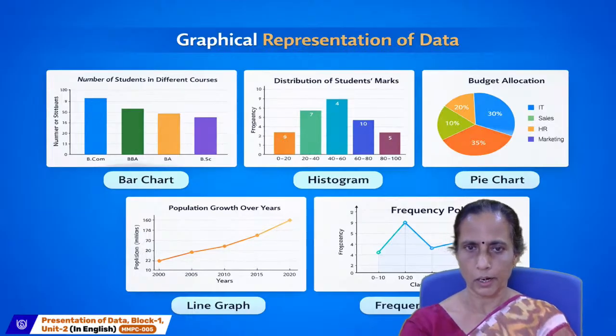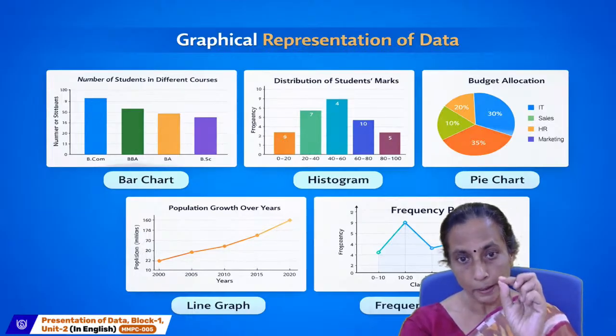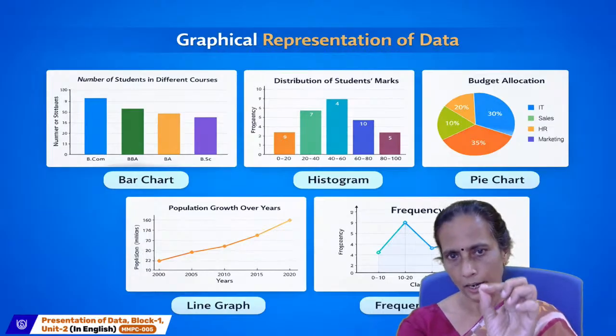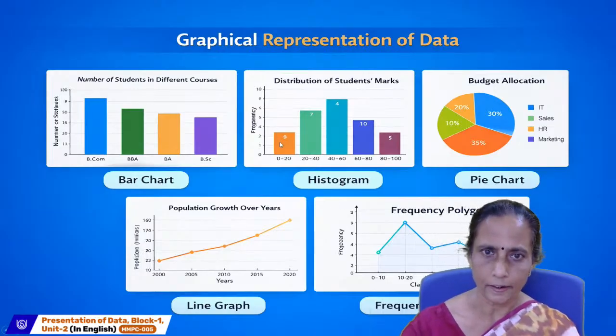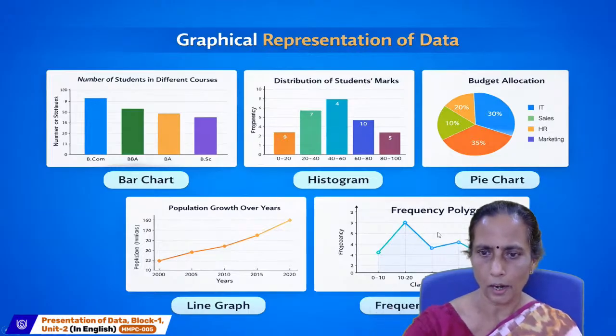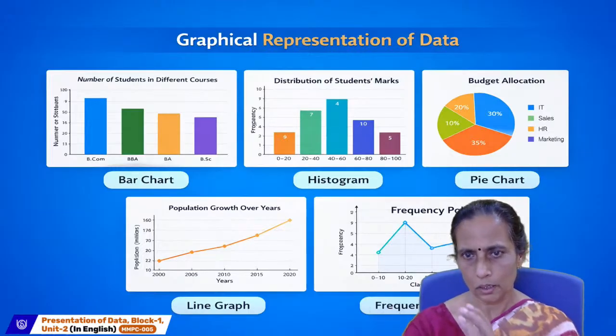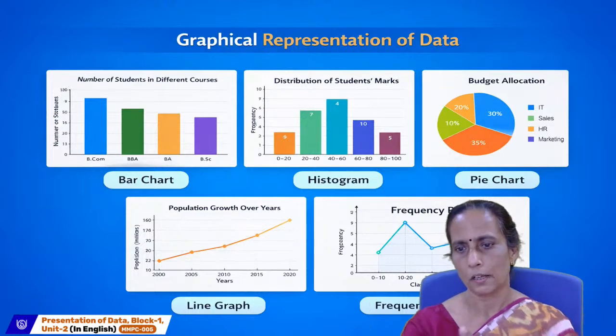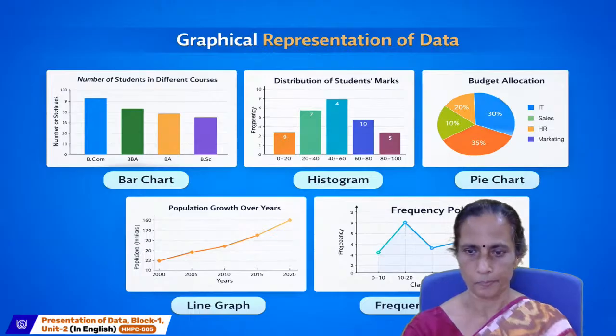In a histogram, you mark the middle point of each and every rectangle, like over here 1 point, over here 1 point, over here 1, 1 and 1. If you connect all these 5 points, then that is nothing but a frequency polygon. Okay.